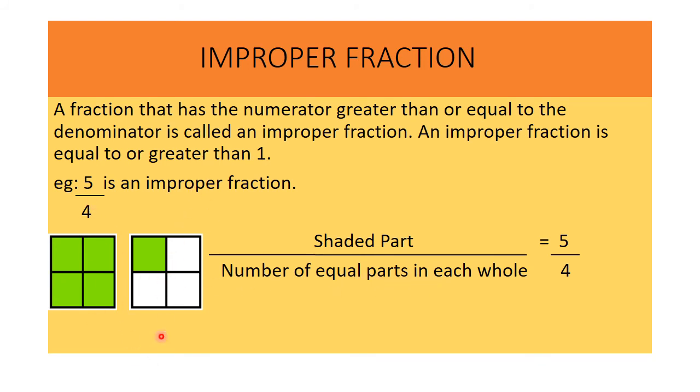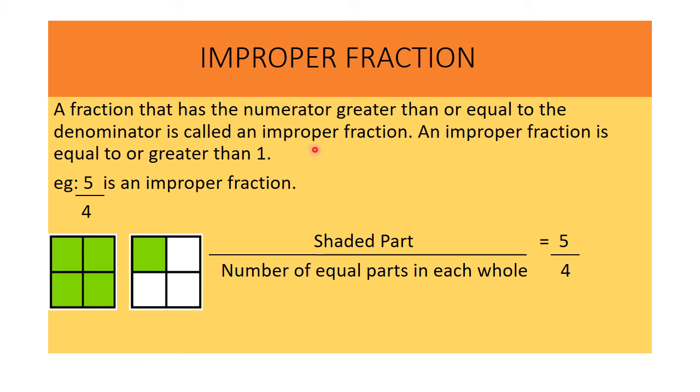Since each hole has been divided into 4 equal parts, the number of equal parts in each hole is 4, and 4 is the denominator here, right? So we have understood how we can show 5 by 4 through a diagram or a mathematical model.